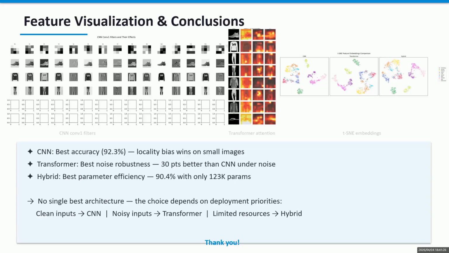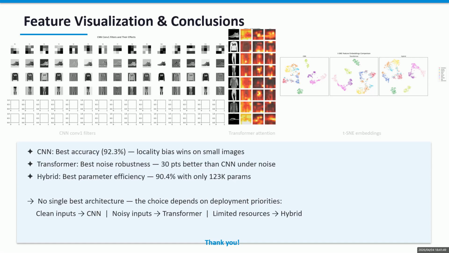Finally, let me show some feature visualizations. On the left, you can see the CNN first-layer filters. They learn to detect edges, textures, and simple patterns. Different filters activate on different parts of the clothing. In the middle, the transformer attention maps show how the model focuses attention.